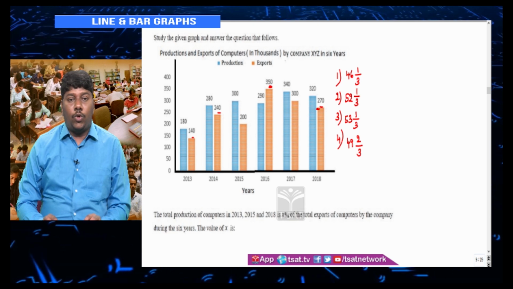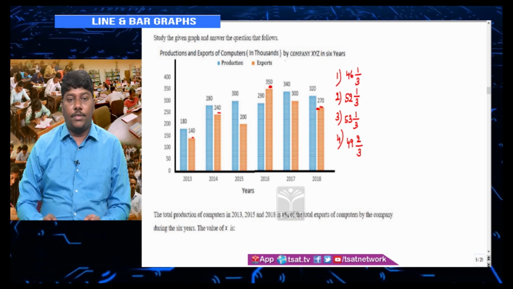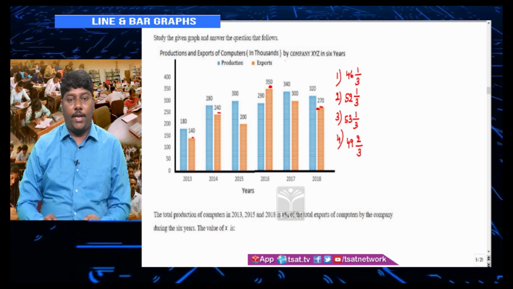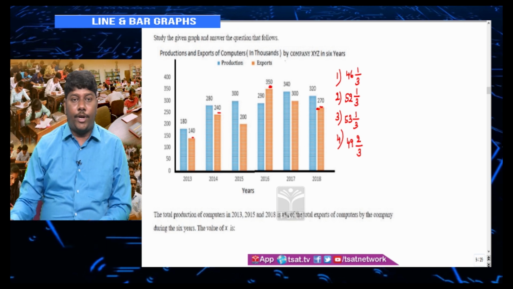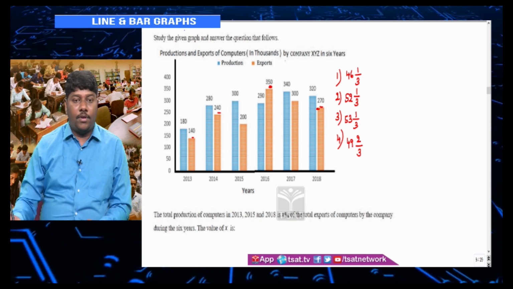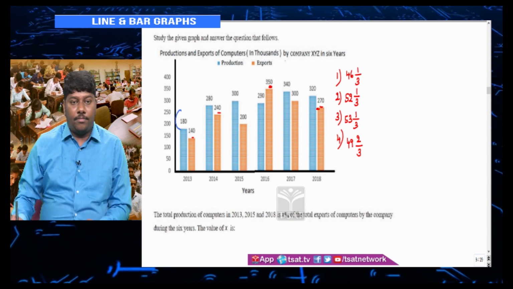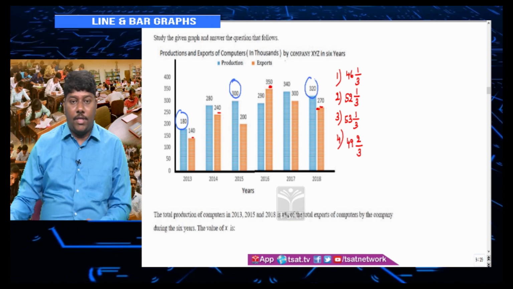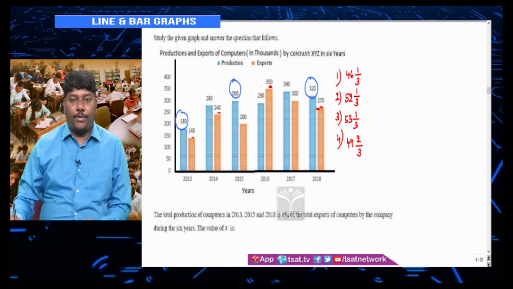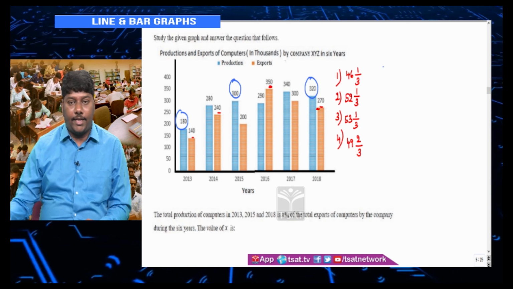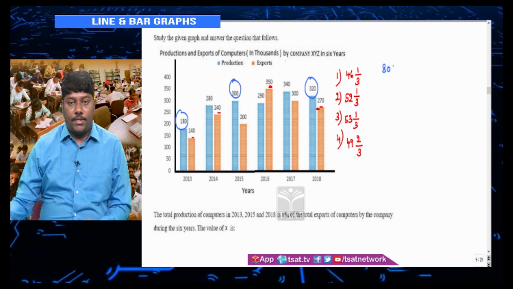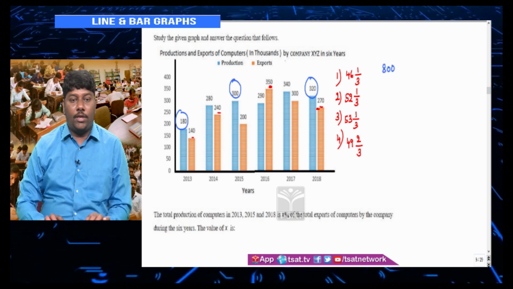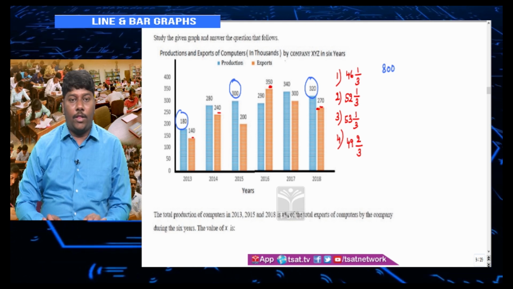Look at this sum. Total production of computers in 2013, 15, 18. He is asking you production, that is blue color, in the year 2013, then 2015, then 2018: 320 plus 180, 500, 500 plus 300 is 800. This is X% of the total exports during all the 6 years.